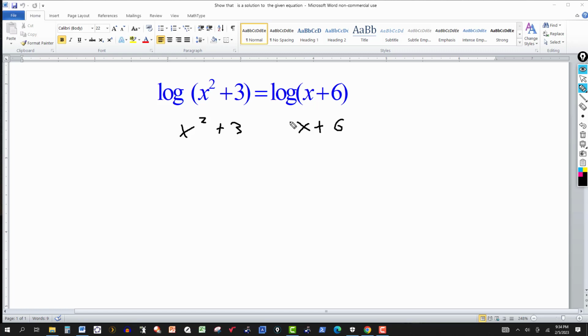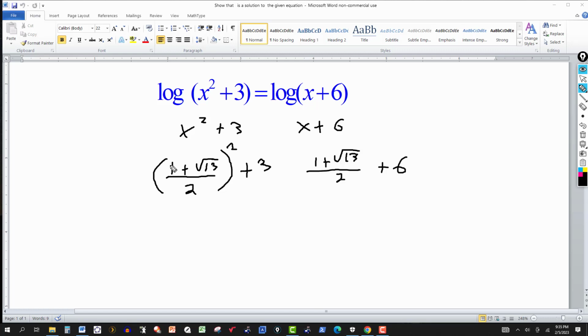So let's plug in the radical expression, 1 plus the square root of 13 over 2, in both sides. And if this is a solution, which is what we're trying to show, we should get the same thing on both sides. So we plug it in there, that's going to be squared, plus 3 here. And then we plug it in the right side. So let's square this. It's the same thing as squaring a binomial: a plus b squared is a squared plus 2ab plus b squared.